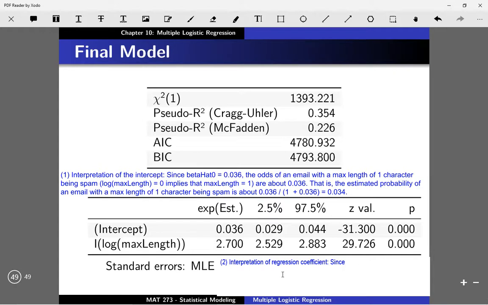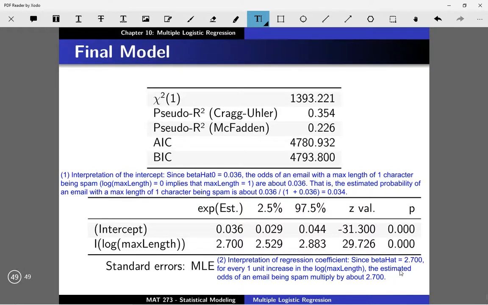And for the estimated regression coefficient, since beta hat equals 2.7, for every 1 unit increase in the log max length, again, the units get a little bit messed up because of the log transformation here, the estimated odds of an email being spam multiply by about 2.7.